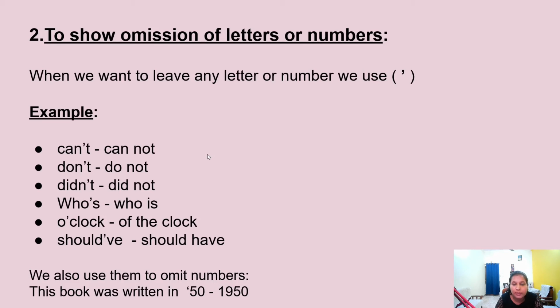Didn't, did not. Who's, who is. O'clock means of the clock. Should've, should have. So this is how we use an apostrophe to omit letters. Apart from this, there are various other words for which we use an apostrophe to omit letters.